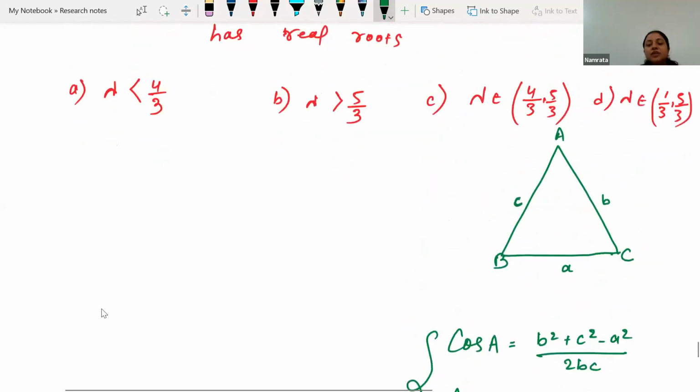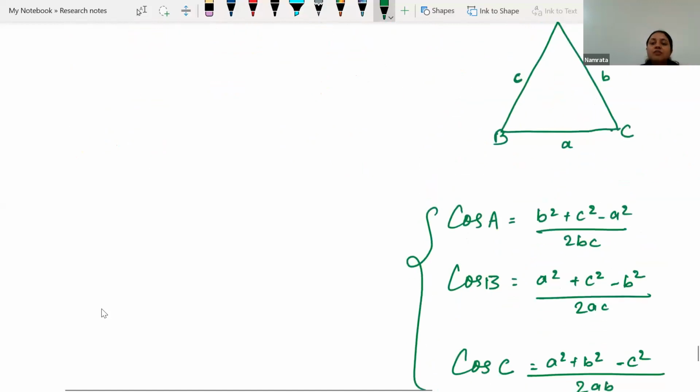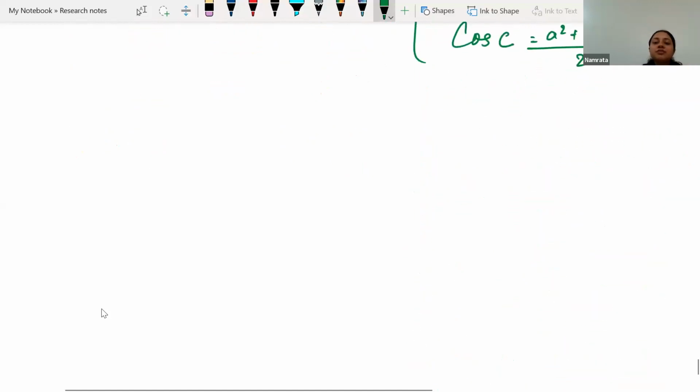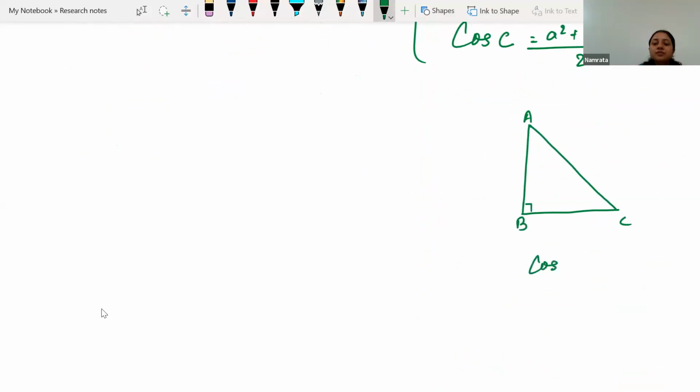Now one more thing we must know from the class 10 concept of trigonometric ratios, sine, cos, tan. In a right angle triangle, cos theta is adjacent over hypotenuse, right?